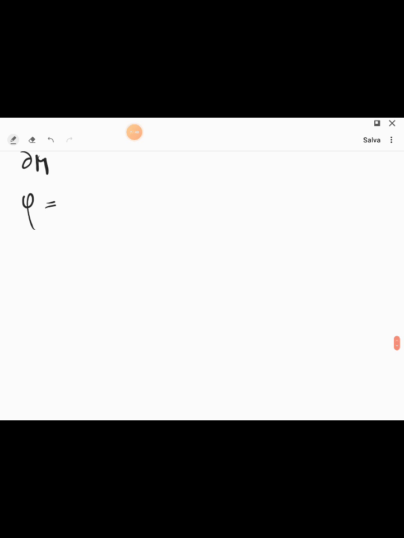Not free. This corp isn't free because it moves thanks to gravity, and gravity is a force. For Newton, according to Newton's theory, gravity is a force.